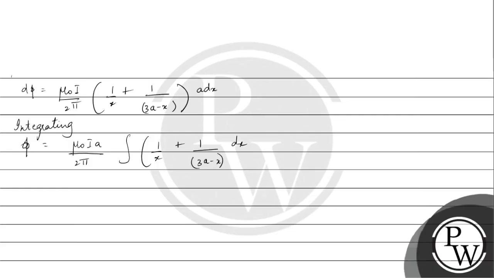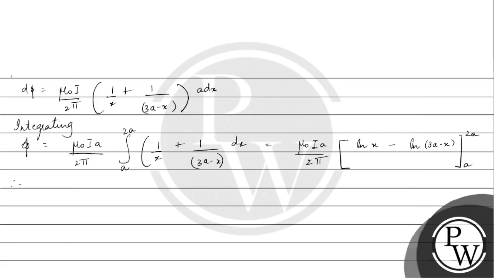Now because we are essentially looking in between the two wires, the limits will be from a to 2a. Doing the integration, we will get ln x minus ln of 3a minus x between the limits a and 2a.